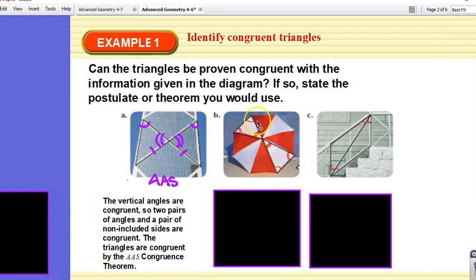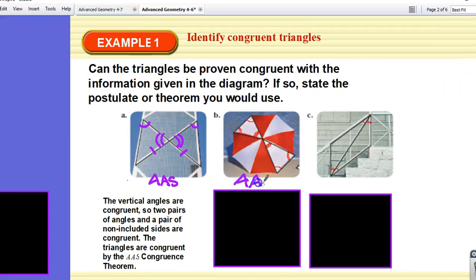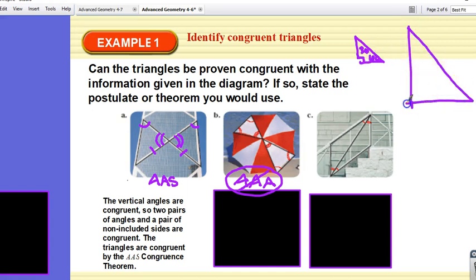Over here, how about these two? What do we have? We have angle, angle, angle. Does angle, angle, angle prove congruence? No. Angle, angle, angle does not prove congruence. Think about this. If I had a 30, 60, 90 triangle, it could be tiny, or it could have a very large 30, 60, 90.